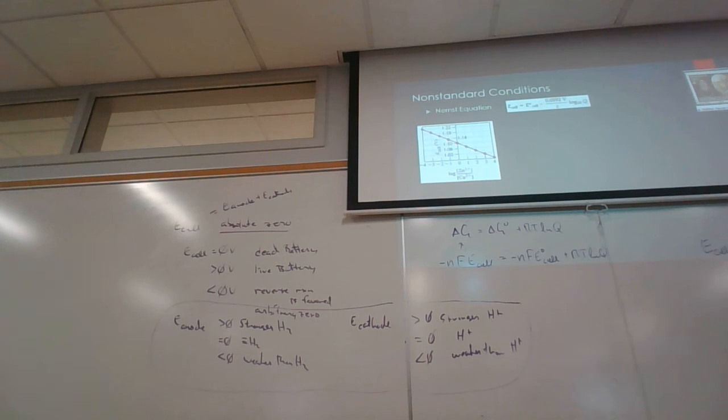And so E of the cell is equal to E naught of the cell minus 2.303 RT over NF log base 10 of Q.